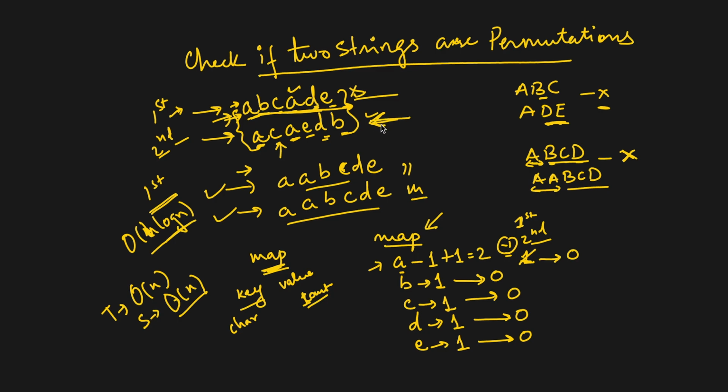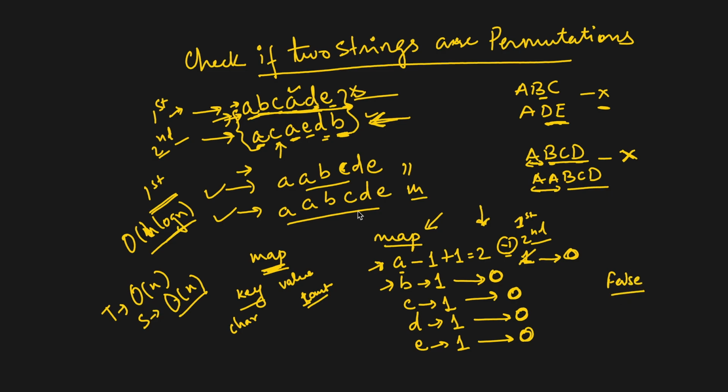Now we are done with the iteration. Once we are done, we'll iterate the map and check that all the keys have 0 value. If it is not 0, we'll return false.